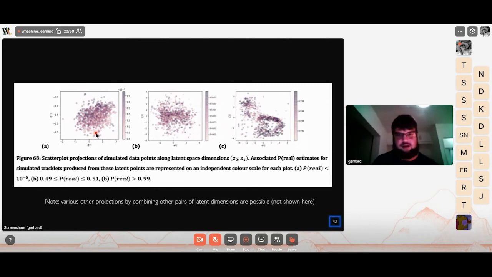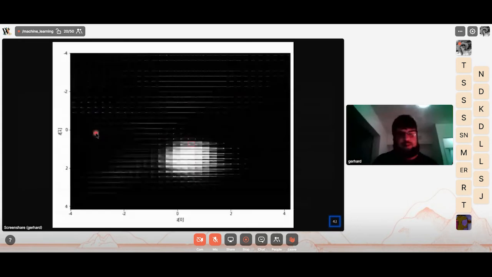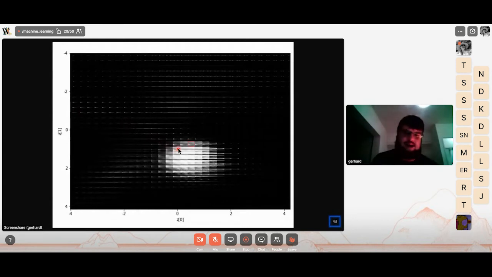So obviously, this is just the beginning of the investigation of the latent space, but it does give you a lot of value to be able to actually look at that latent space, which you don't really find in something like GANs, which I'll talk about in a bit.